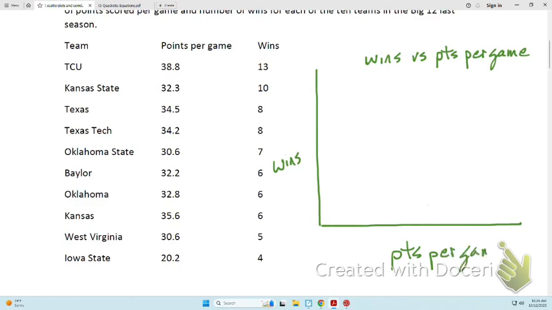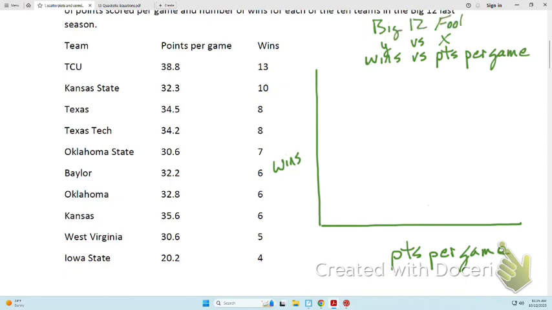Please do not ask why they phrase it y versus x when we put the y on the vertical axis and the x on the horizontal, but that's the way stats does it. So we're not flipping any axes. Whatever they list first, they're calling the y, when they use this language of versus. So I'm going to actually call this just Big 12 football.